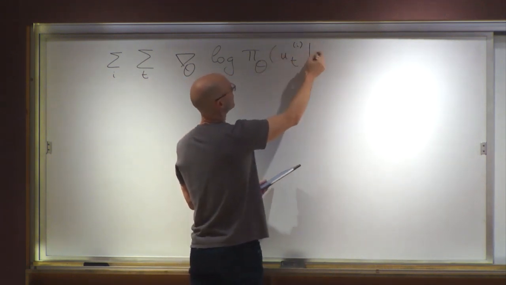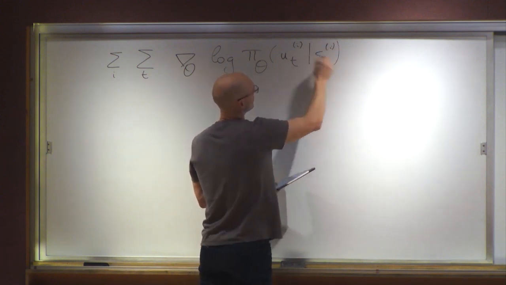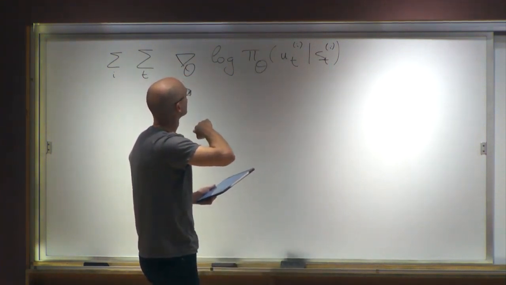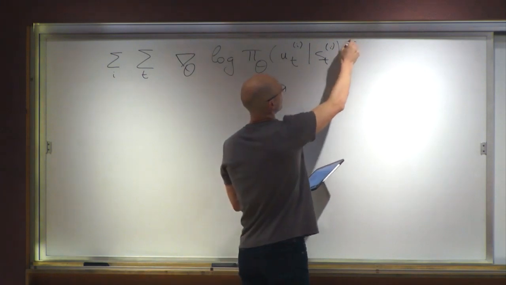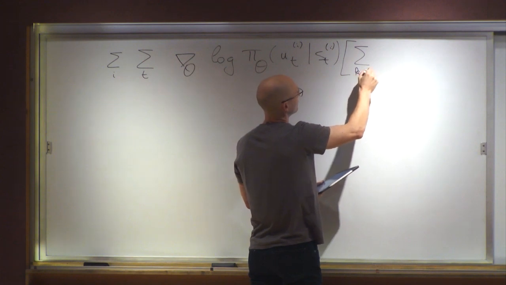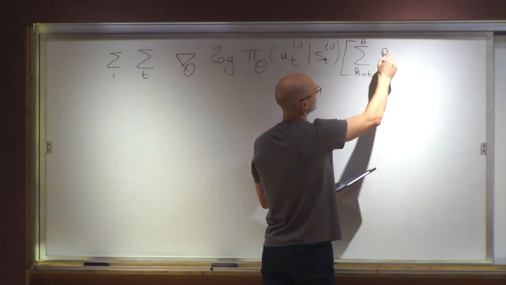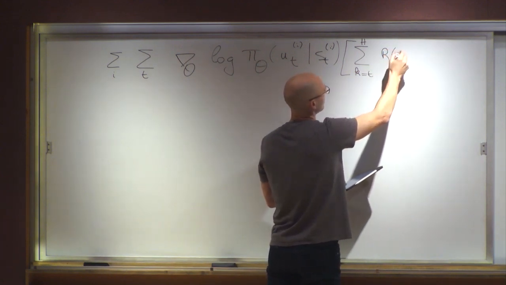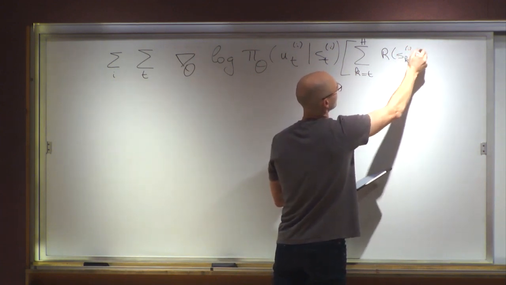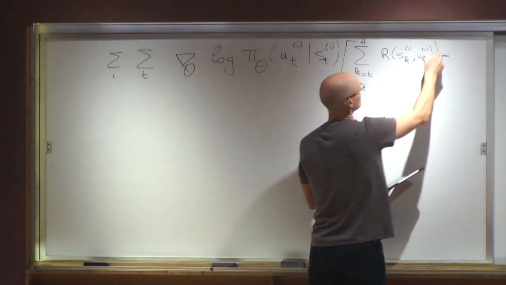The action u we took at time t in trajectory i, given we're in state s_t in trajectory i at time t, and then we would multiply this with the sum over k from that time till the end of the reward we obtained in states s_k taking action u_k in trajectory i.